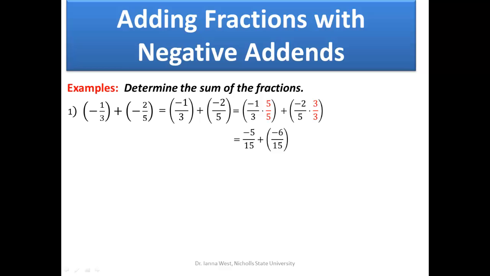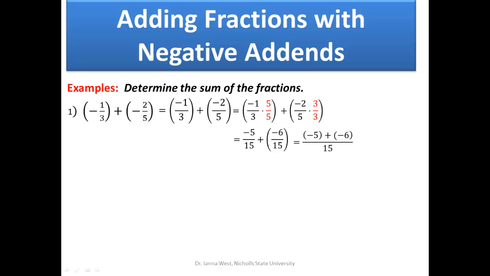Since we have like denominators, we can add the numerators. But both of these numbers are negative numbers, so they are of like sign. When you have like signs, you add the absolute value of the numbers and then keep the common sign that they have.